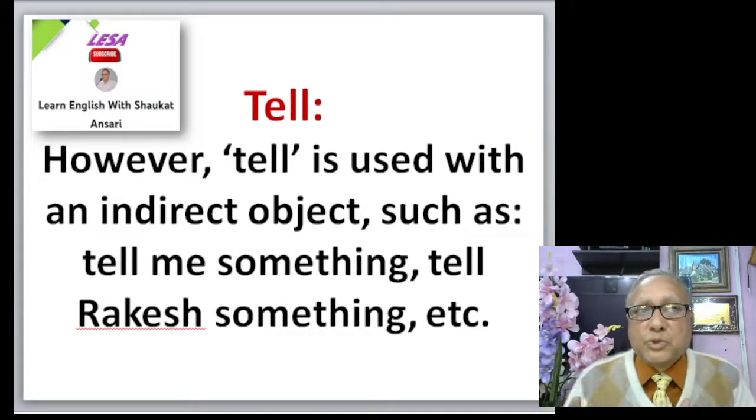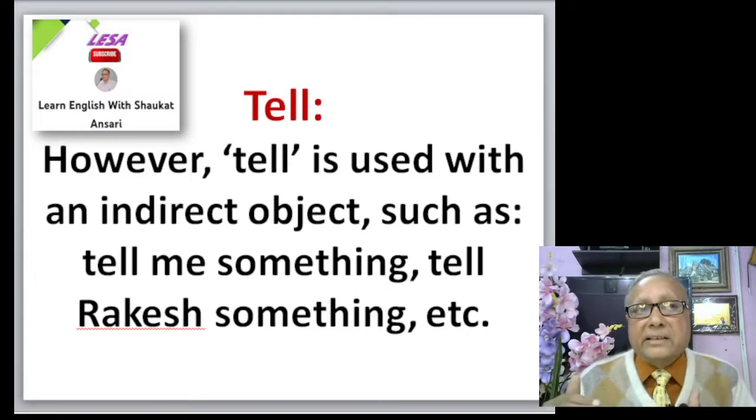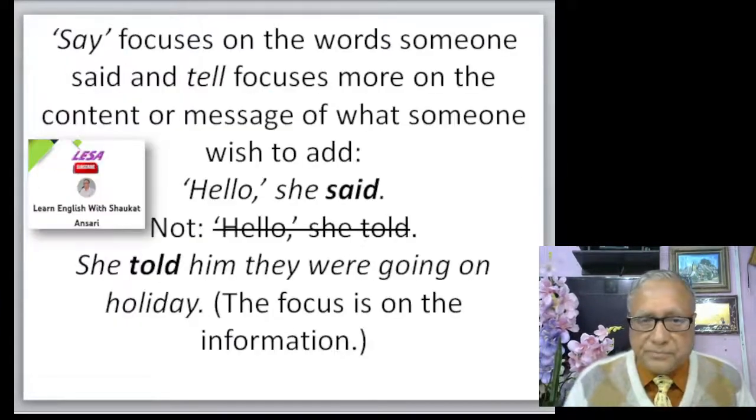You are free to use an indirect object. But after say, says, saying, said, you are not free to use one. And if you wish to add an indirect object, you have to add to. Say to, says to, said to, saying to. Clear?